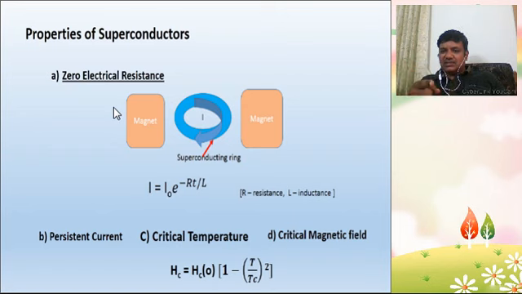Not more than one electron will have the same 4 quantum numbers, which is Pauli's exclusion principle. So that was the case of a normal conductor. In the case of a superconductor, these fermions are converted into bosons. So now we are talking about bosons, which obey the Bose-Einstein statistics.